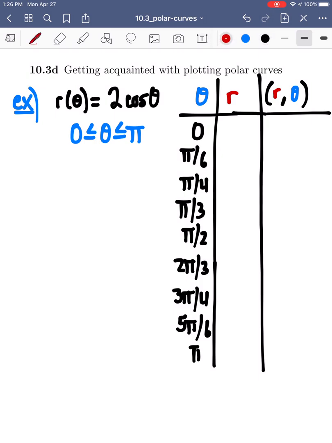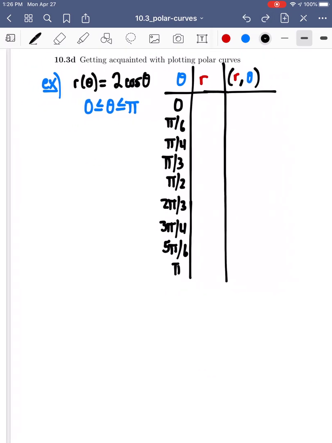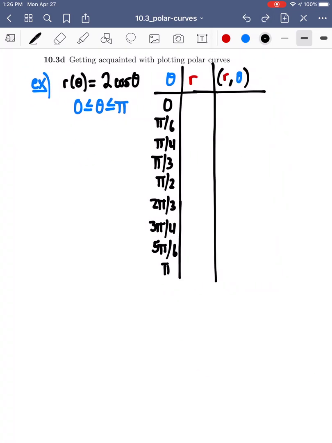All right. And well, when we're at an angle, make a little more room here. So here's our curve that we'll plot values on. Well, when we're at an angle of 0, 2 times the cosine of 0 gives us a 2.